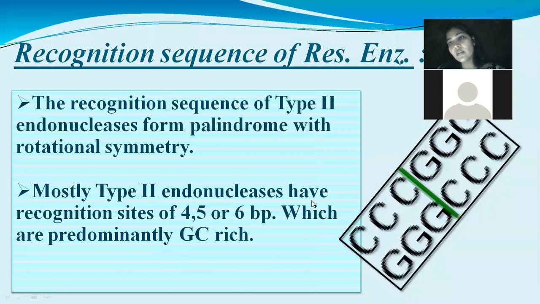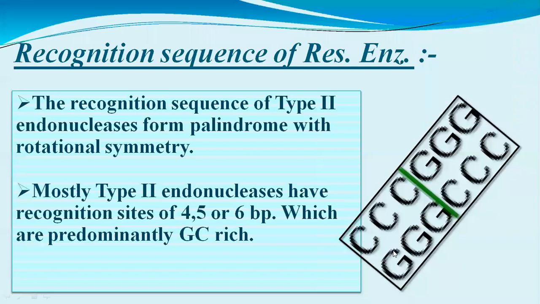If you put a mirror in front of those sequences, you'll see exactly the opposite, right? Mostly type 2 endonucleases have recognition sites of 4, 5, or 6 base pairs, which are predominantly GC rich. So type 2 restriction enzymes cut at palindromic sequences, and those sequences would be GC rich. You see these sequences are mirror images of each other, and that is what they are talking about.